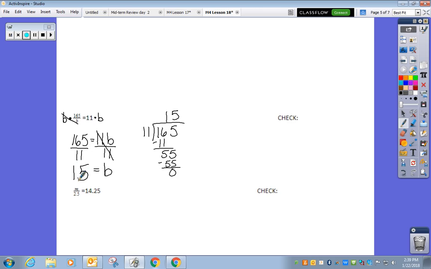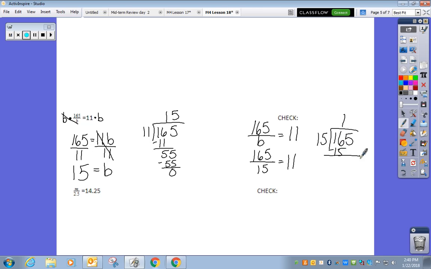For the check, again, rewrite the original equation, replace the variable with what you're saying it's equal to. And in this case, we don't have our work, but it's kind of the same thing, but we're going to actually divide by the 15 to prove that we didn't make a mistake over here. And it does give us that 11. So if your denominator, or what you're dividing by, is the variable, it's actually going to have you rewrite the equation. So be careful of where the variable is with these.